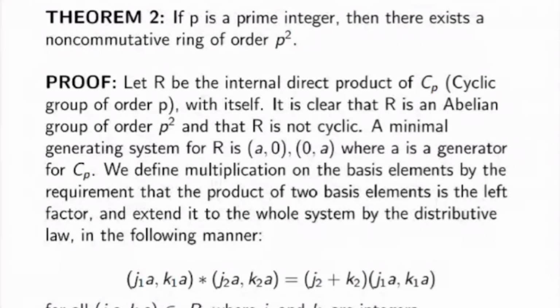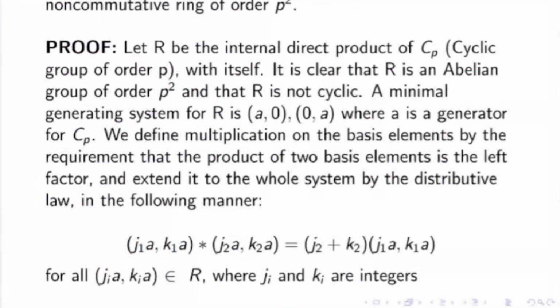So we are taking R as Z p cross Z p, and therefore it is not cyclic, and therefore R with plus and dot is not a commutative ring.